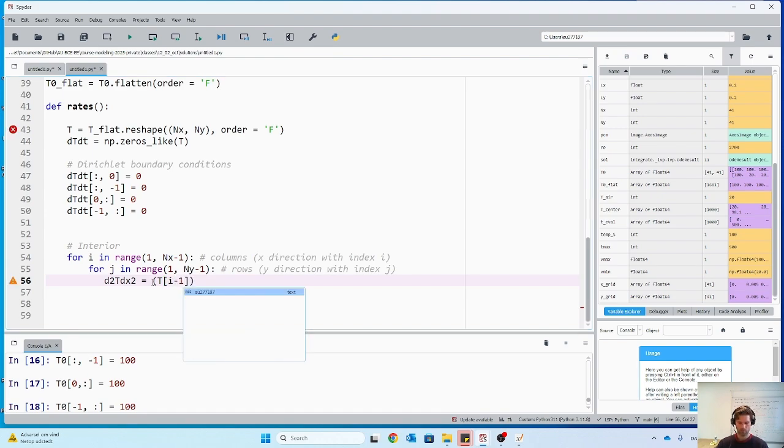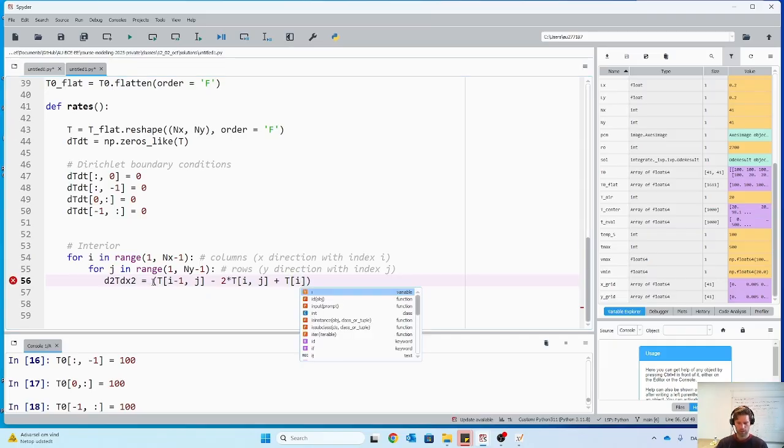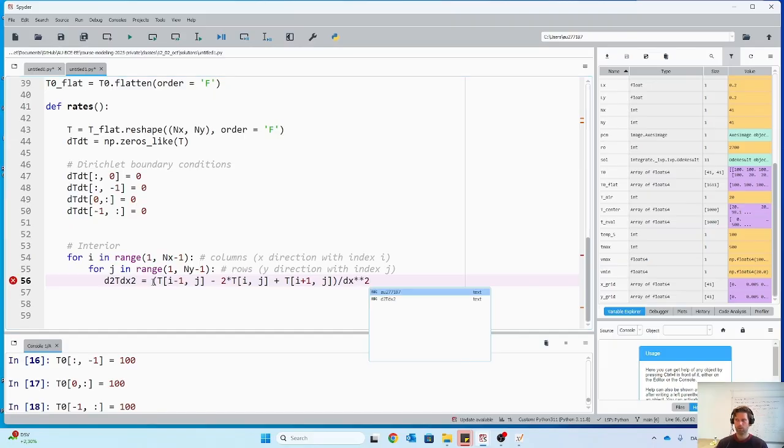T i minus 1, and here we have a fixed j, minus 2 times T i j, plus T i plus 1. Good.